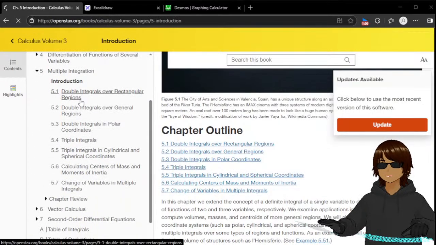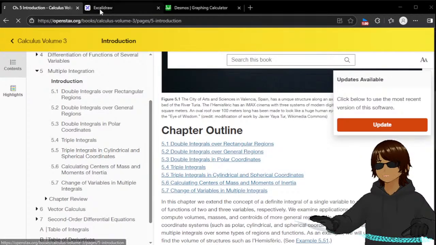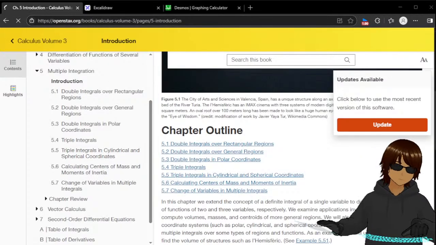So last calculus stream I read about double integrals. I'm not good at them, but I did read them and get some understanding. I want to read about triple integrals. Maybe these two chapters I will do next stream.